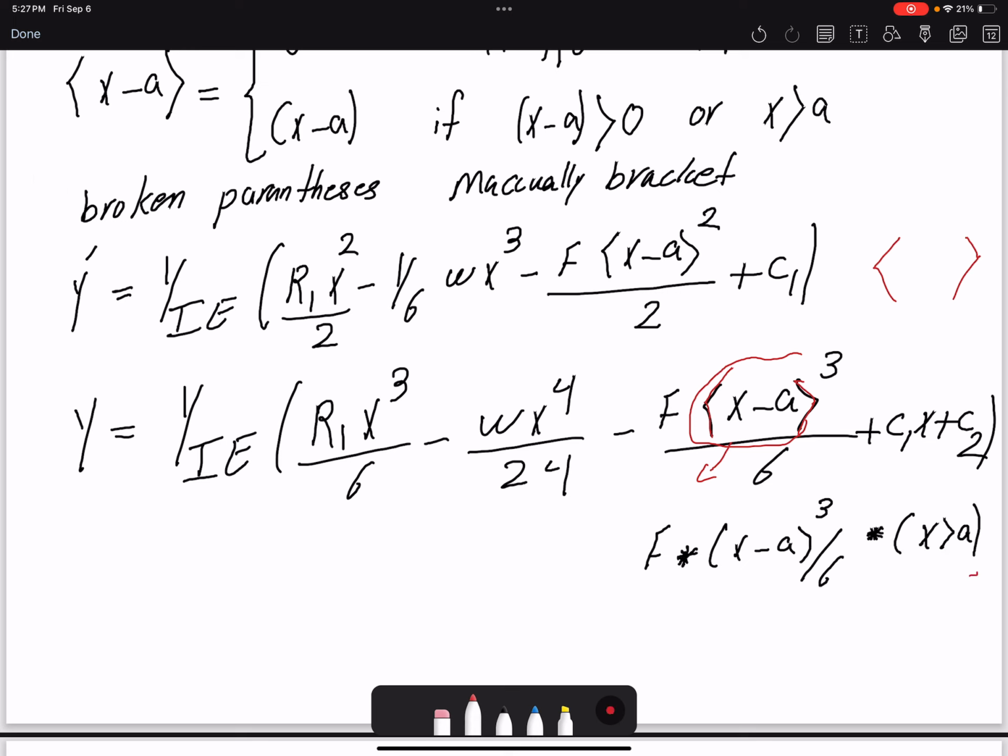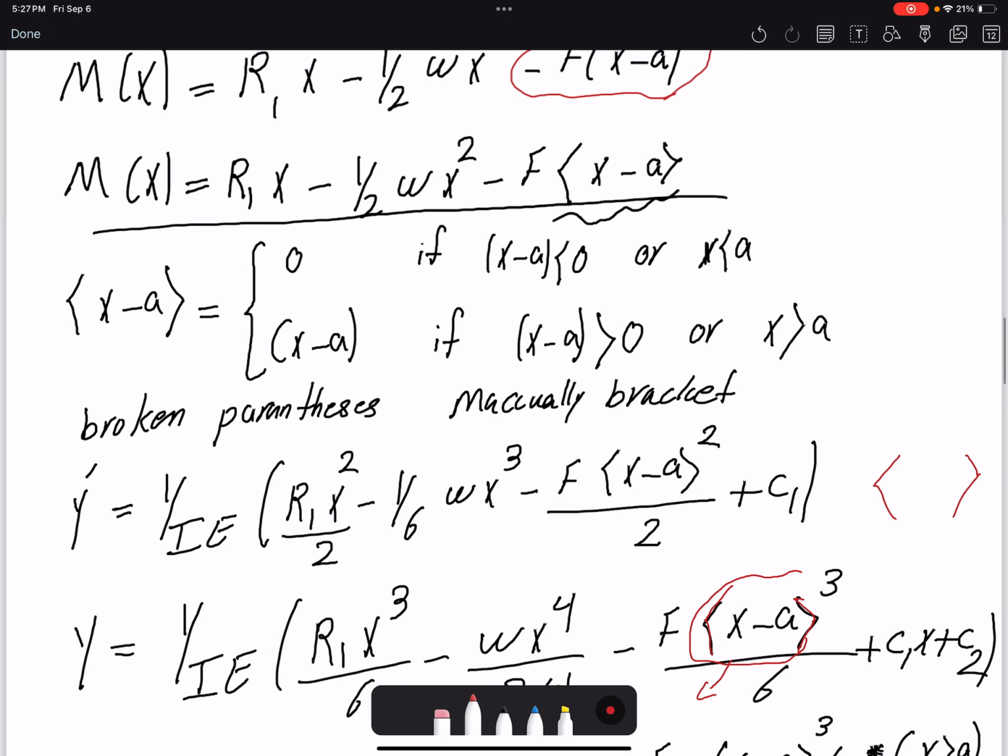That's the notation I use. That's the extra thing that I need to put into my code to tell it this term would go away if this condition is not met, if x is not bigger than a. If x is not bigger than a, I don't want you to use a negative value here. I just want you to get rid of the whole term. And that's what MATLAB does. That's the power of broken parentheses.